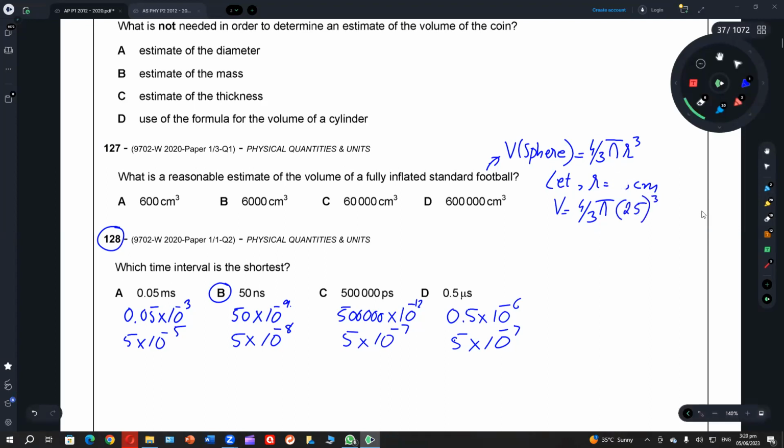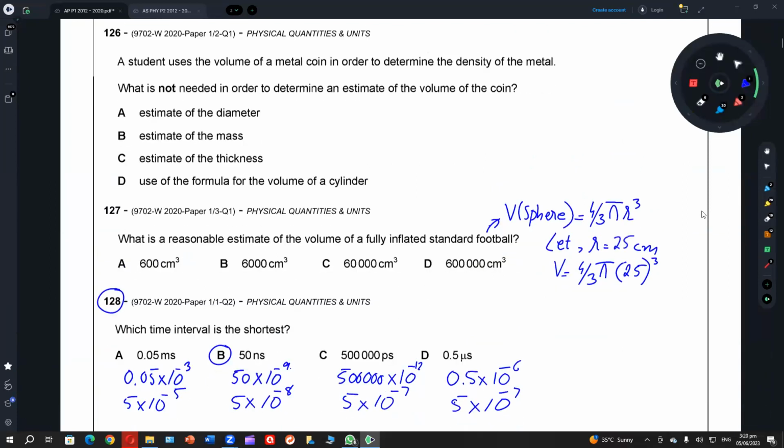I'm trying 25. It is 6.5 into 10 to the power 4.